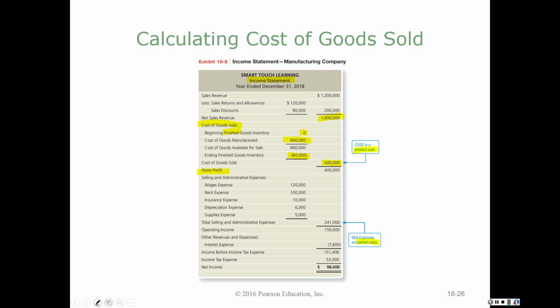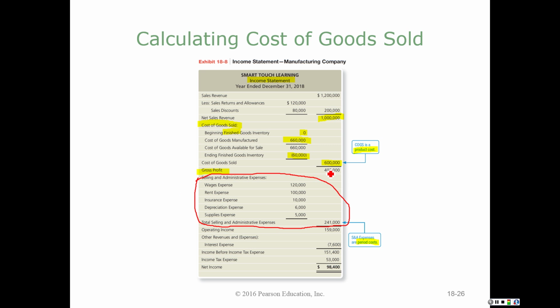So all of the expenses that we see reported in this particular area, the selling, general, and administrative expenses, were expenses that were not tied to manufacturing my inventory. These were expenses that were directly related to selling and moving my product and servicing my customers after the manufacturing process had already taken place.